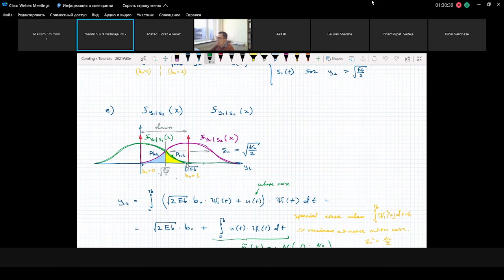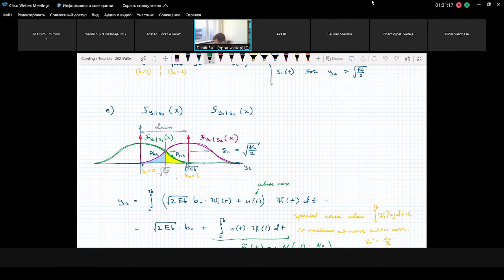But 2 Eb under square root is not the maximum voltage that you might observe. This is the case without noise, yes, where you have two values: 0 and square root of 2 Eb. But then you also have, besides the transmitted signal, noise disturbing your transmission. And this noise has no limit on the value of your voltage.